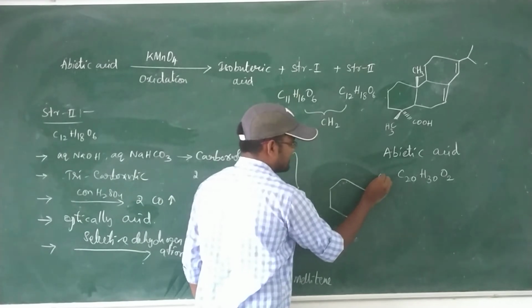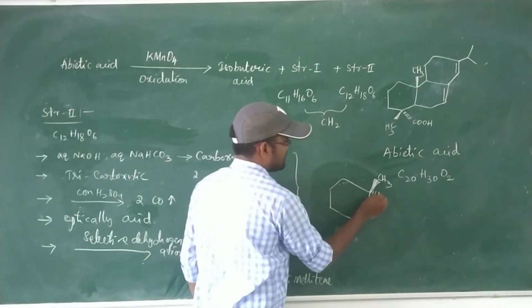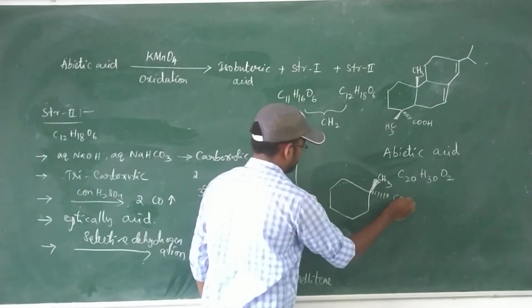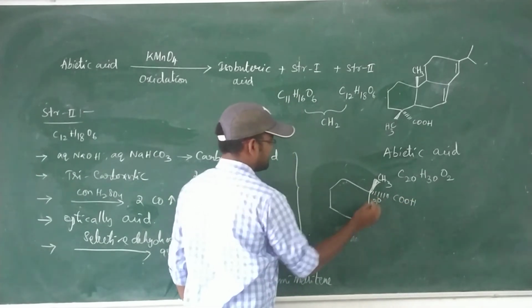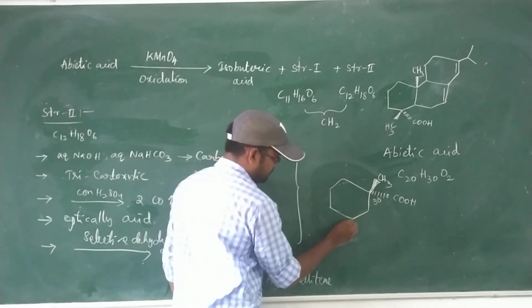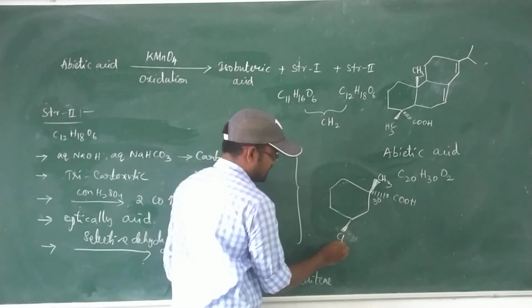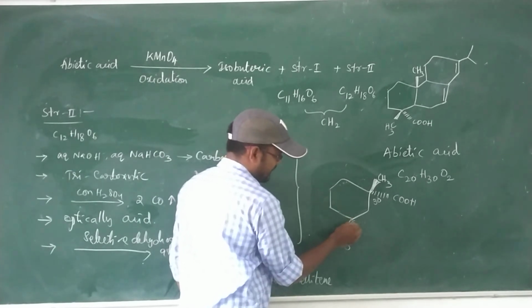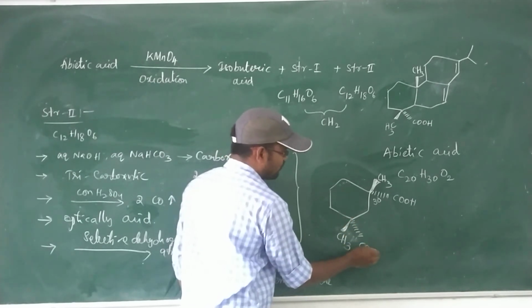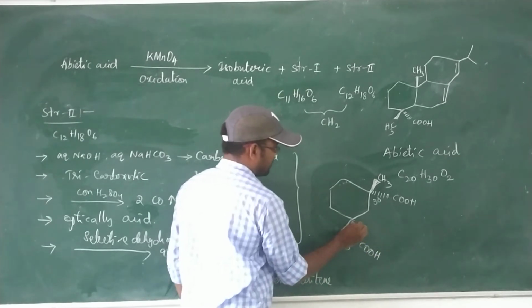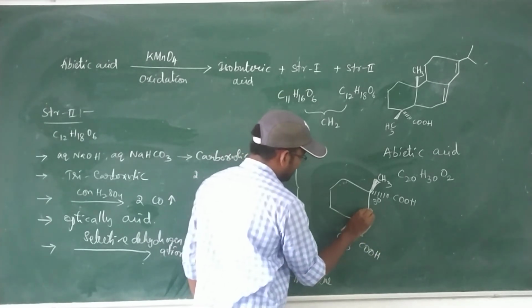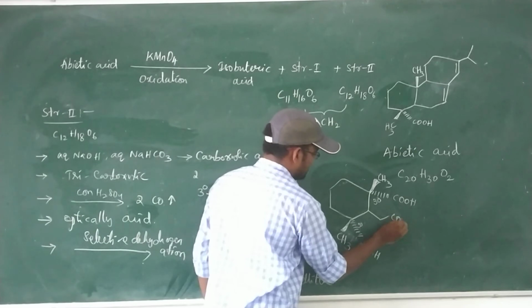The group is a CH3, and next is a COOH. This is one tertiary carboxylic, and the next one has a methyl group and also a COOH. This is also a tertiary part, and here there is a COOH.